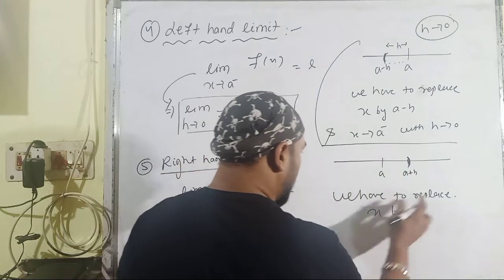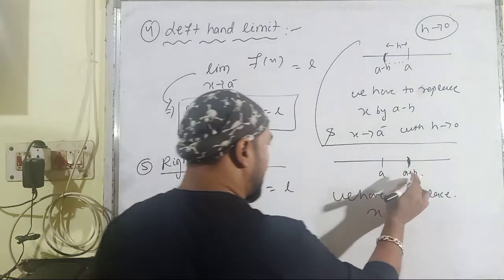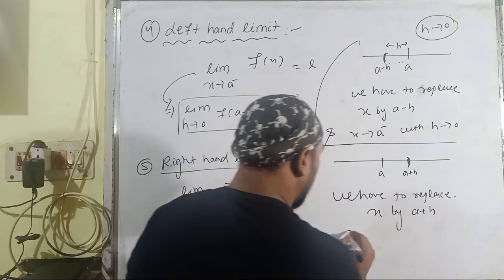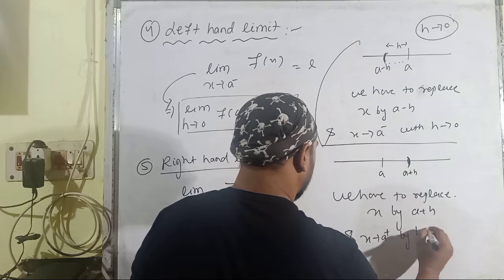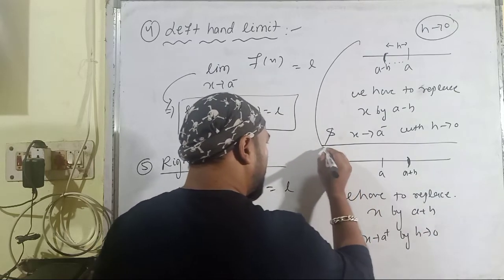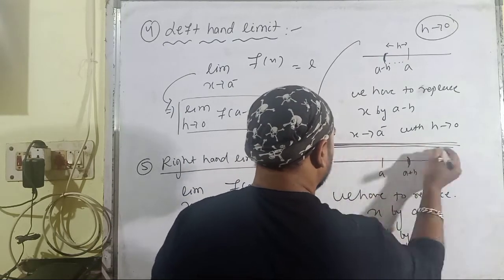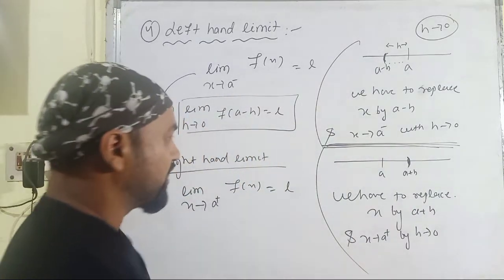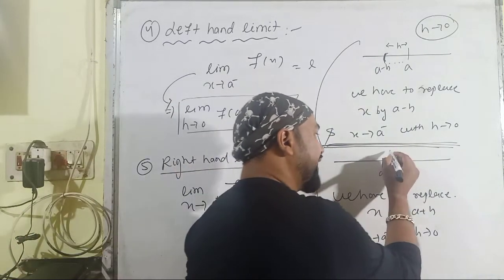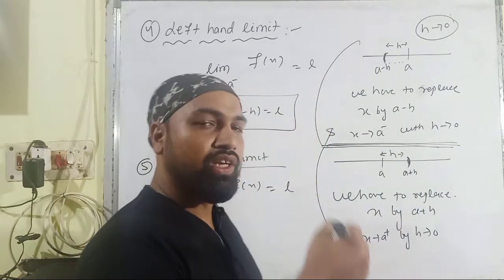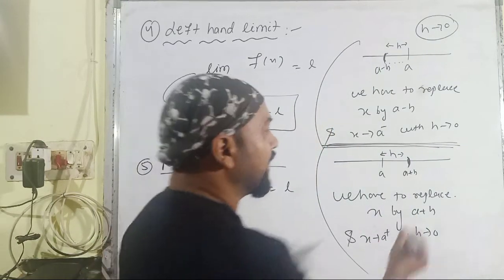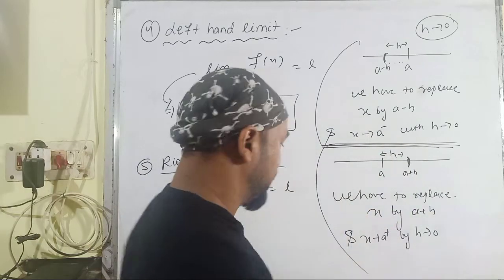So we have to replace the value x by a plus h, and x tends to a plus becomes h tends to 0, because the point a has travelled a distance h unit towards the right hand side, and the value of h is very small, I have already told that. So h tends to 0 here, it is a negligible value.